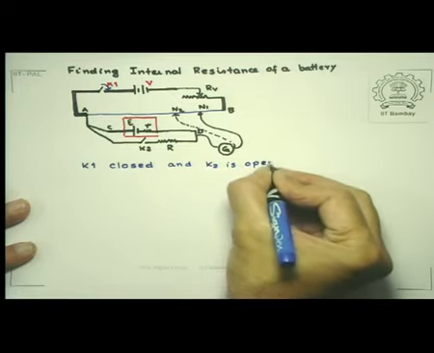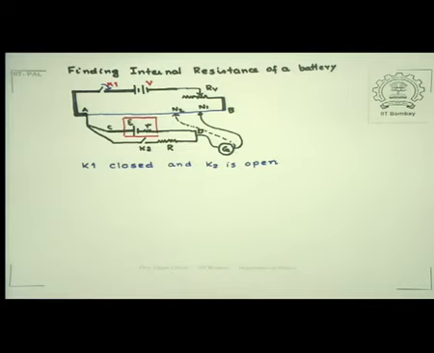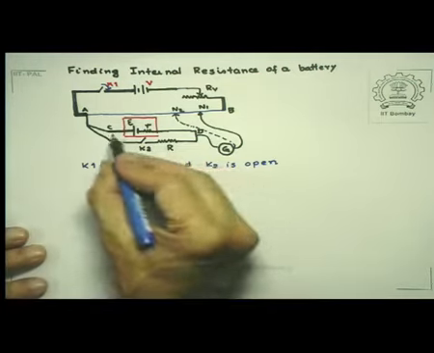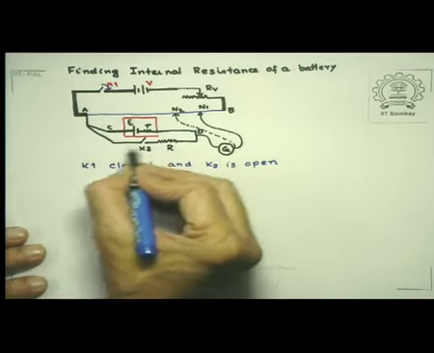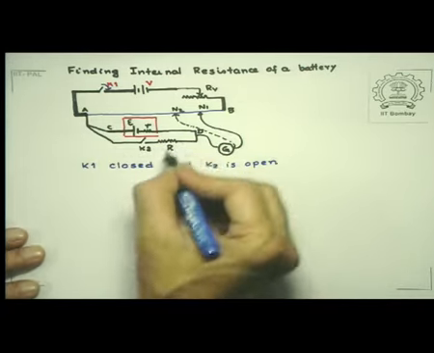Now when K2 is open, this part of the circuit, C, D, R, K2, etc., that part of the circuit doesn't participate.